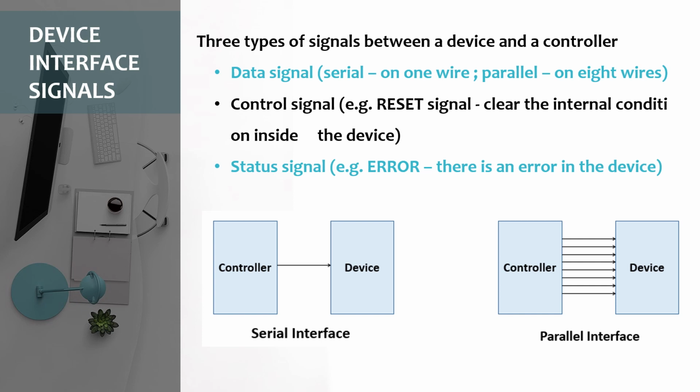There are basically three types of signals between a device and a controller. What are these three types? First is a data signal, then a control signal, and then a status signal. Before we understand the signal concept, let's take one example. What happens when you copy? Suppose you are copying data from your hard disk to the pen drive, or vice versa.